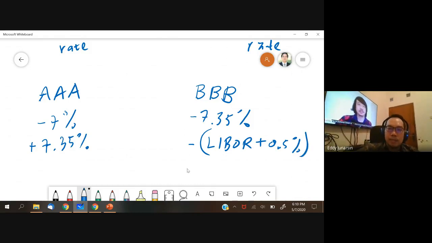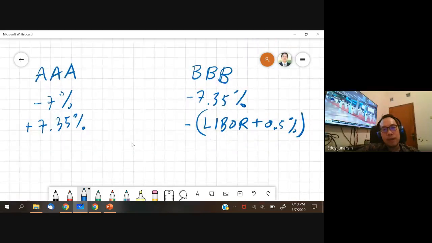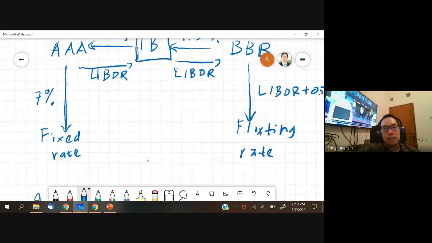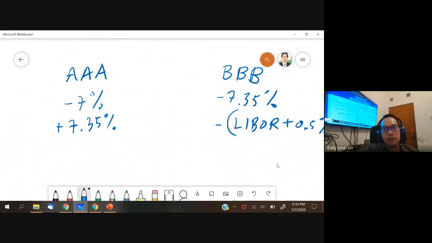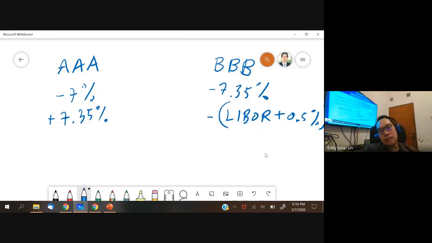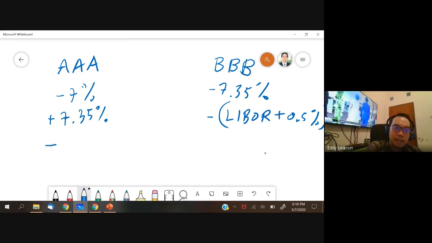And immediately the floating rate debt is transferred to the AAA, and the AAA will have to pay what? LIBOR only, right? LIBOR, because of, again, the higher bargaining power. I could say that if we issue the bond or the debt by ourselves, then we'll have to pay only LIBOR. So AAA is willing to pay LIBOR only.